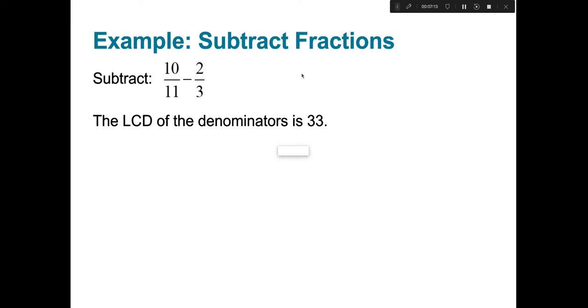What do I have to multiply my first fraction by to get an equivalent fraction with 33 as my denominator? 3. So my top is 30. What am I multiplying my second fraction by if my common denominator is 33? 11. So my top is 22. What is 30 minus 22? 8.